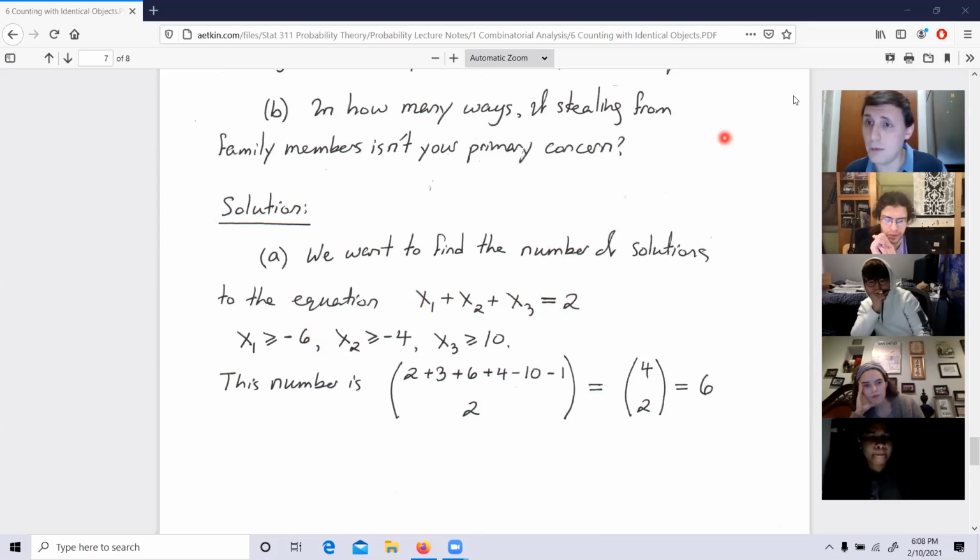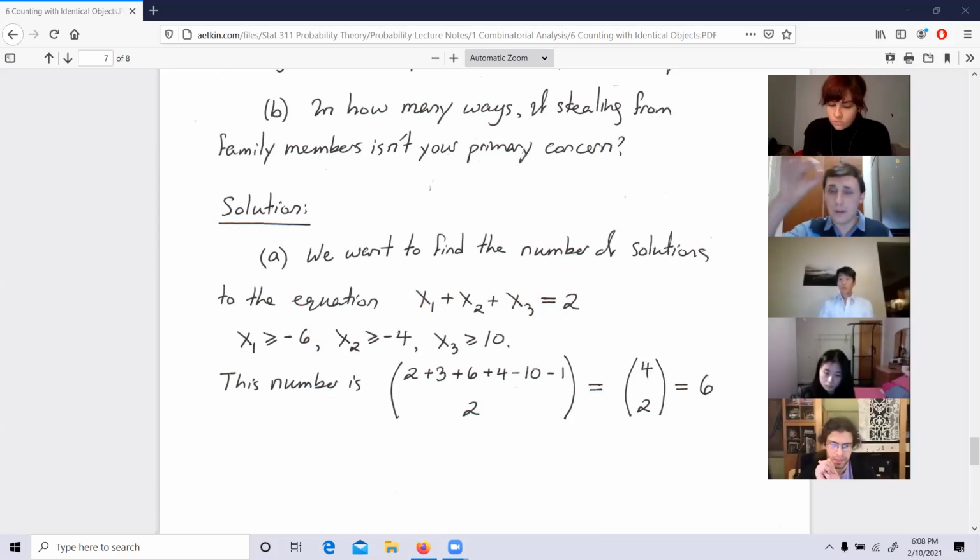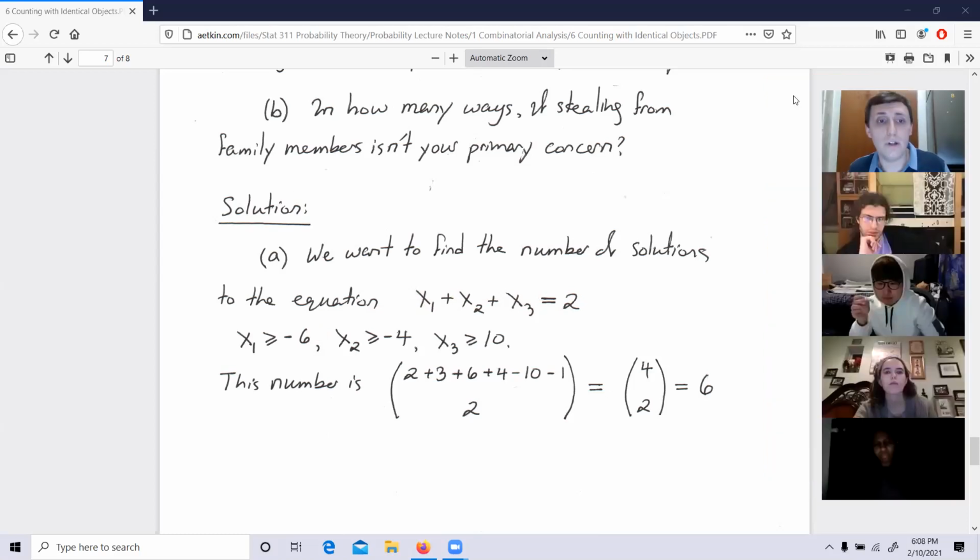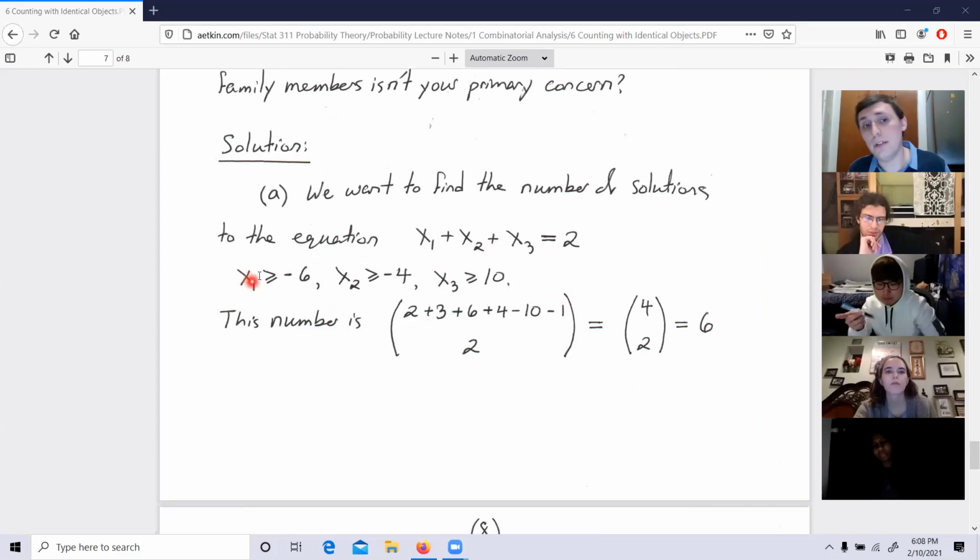Negative means you take away spoons, right? So you have the default: 0 means you haven't touched, negative means you took away, positive means you gave. Okay, so I normalized it this way. You don't have to. I just try to show you how you might have negative integers. So that means that x1 is bigger than or equal to -6. You agree?